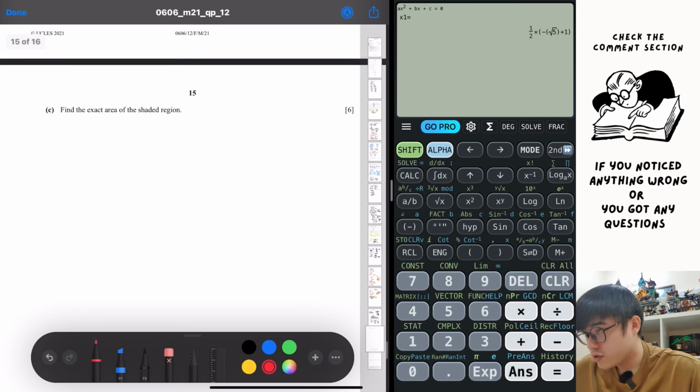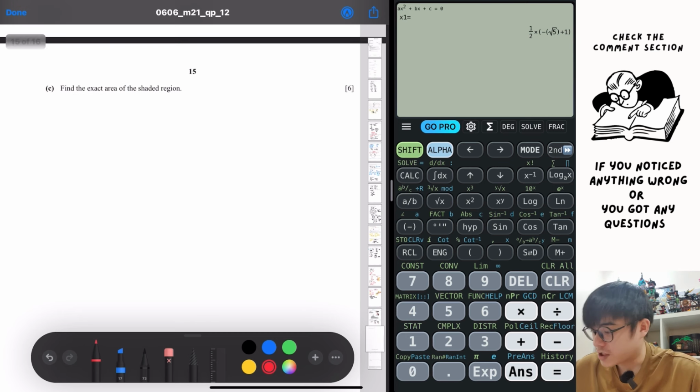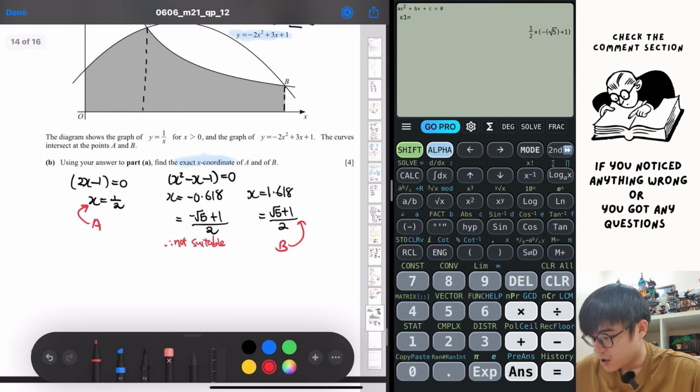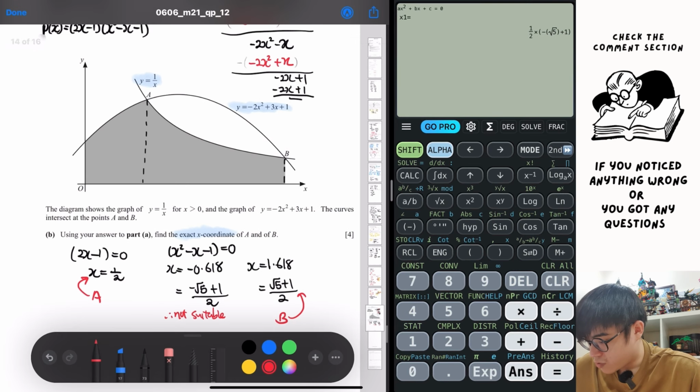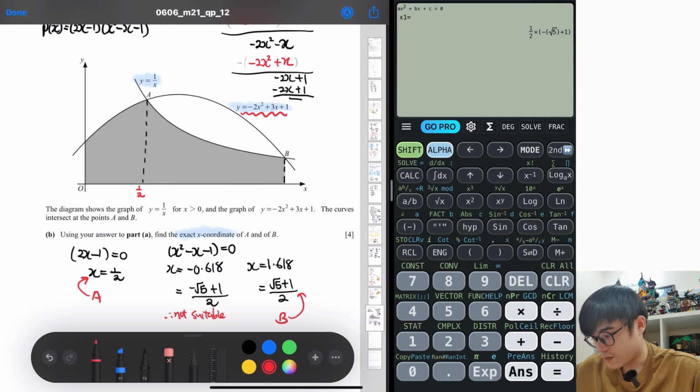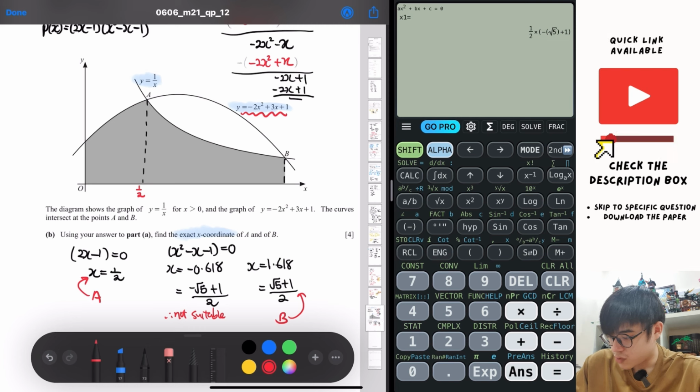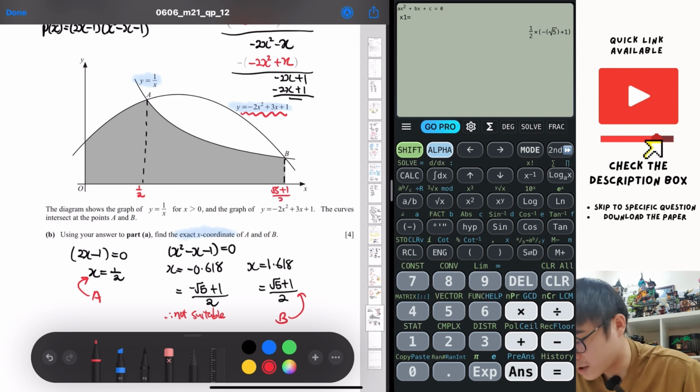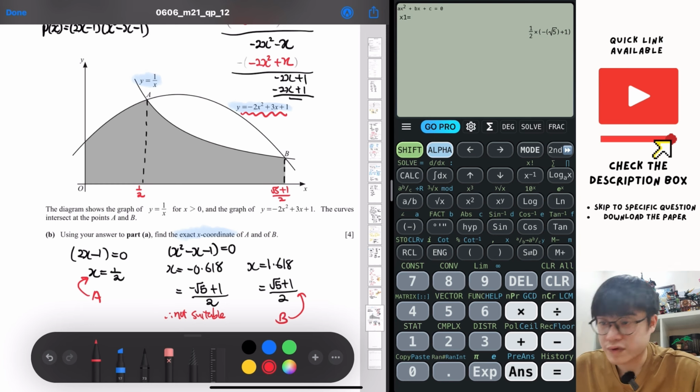So they want you to identify the exact shaded area of the current shape that we have here. So between 0 to 1 over 2, I will be integrating this equation. As for 1 over 2 to (square root 5 plus 1) over 2, I'll be integrating between (square root 5 plus 1) over 2 and 1 over 2.